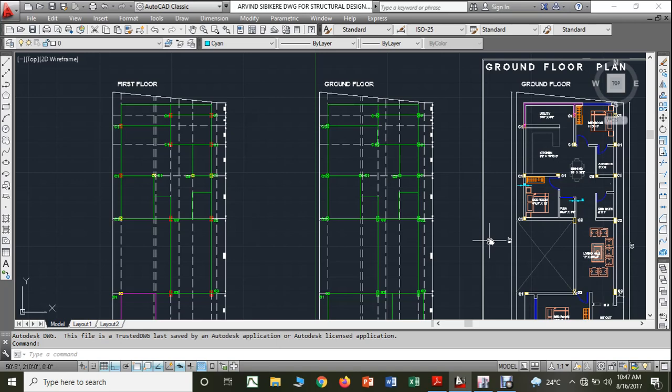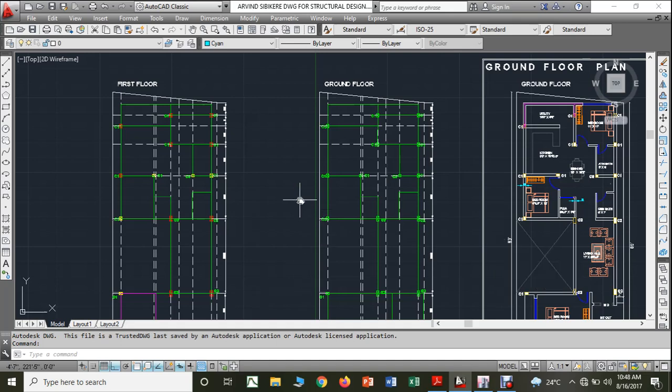Similar to the column, the breadth of the beam will always be equal to the thickness or the breadth of the wall, because if we change the breadth of the beam to be either smaller or greater than the thickness of the wall, it again creates an eccentricity. So a certain portion of the beam will be coming outside.